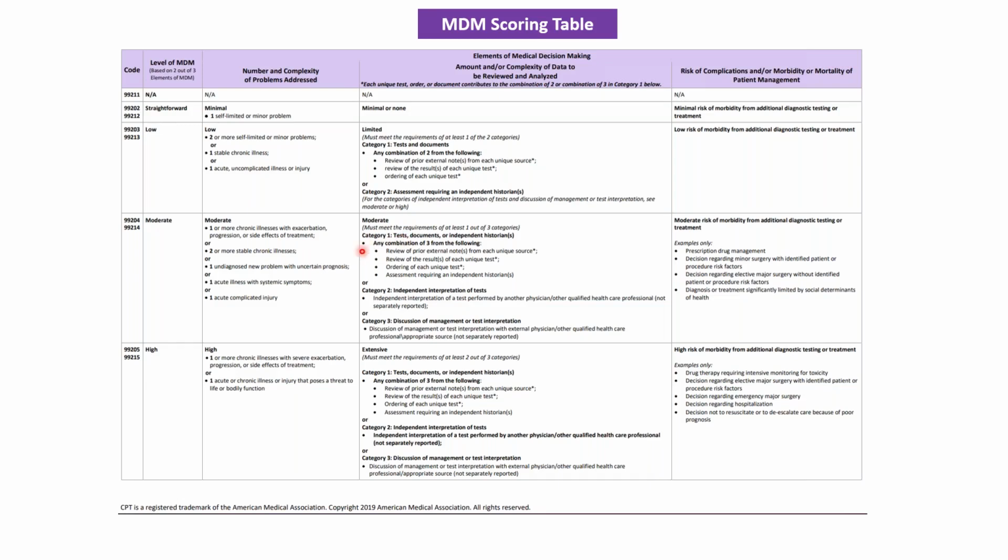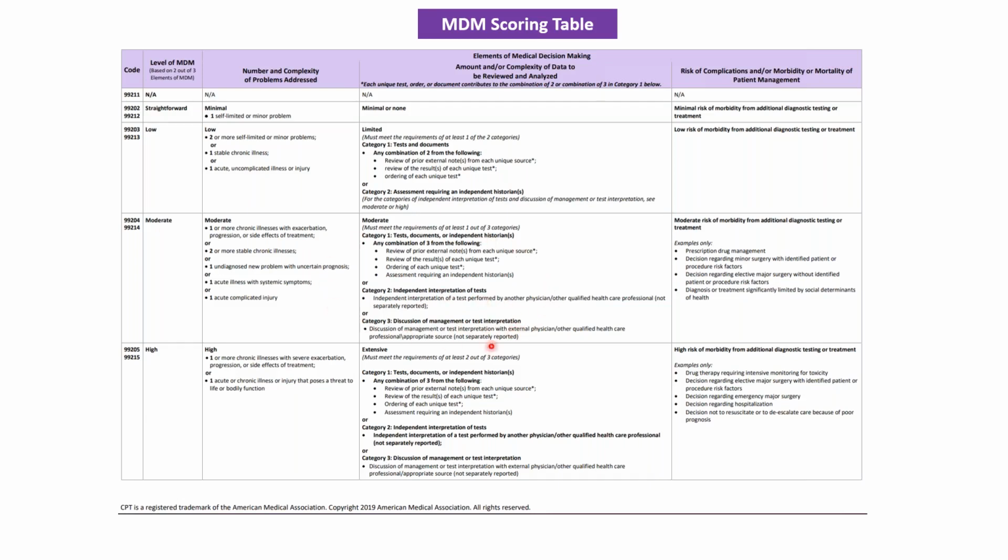It's moderate if from category 1, if they carry out all of the elements as they have in the low, in addition to an assessment requiring an independent historian, or category 2, independent interpretation of tests, or category 3, discussion of management or test interpretation.